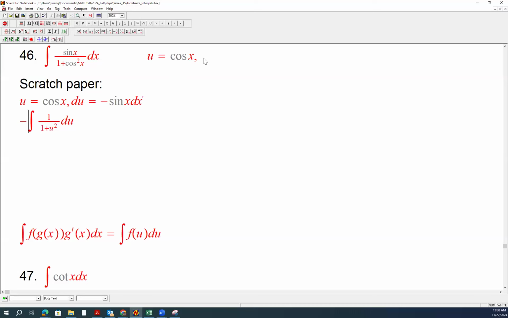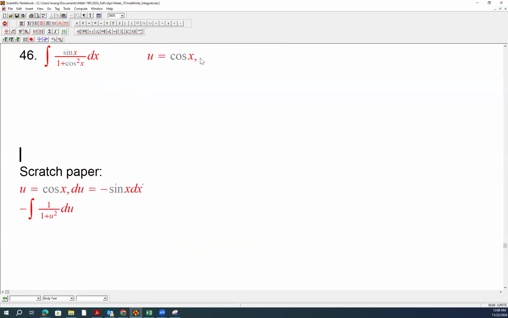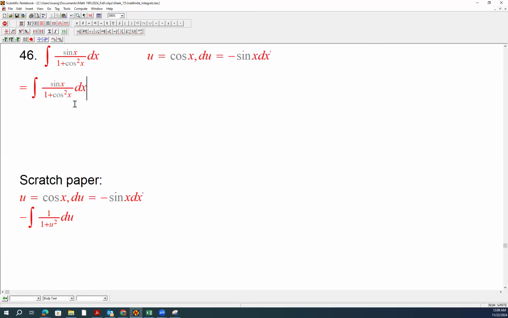Do you see that? Sometimes the same substitution doesn't work. We have to try something else. So I'm going to try u equals cosine x, and du equals negative sine x dx. And then we got this is a u squared, right?